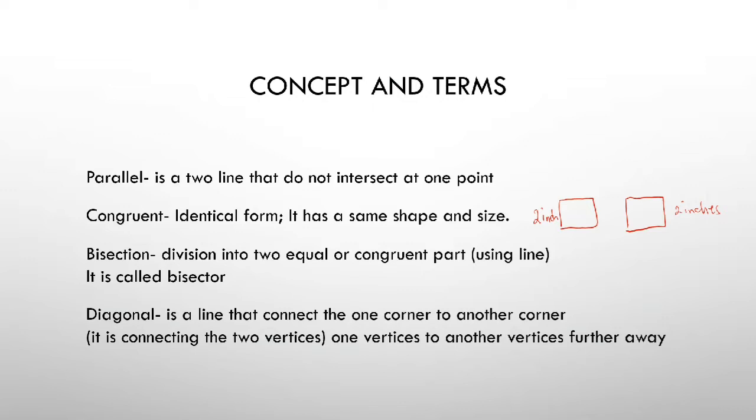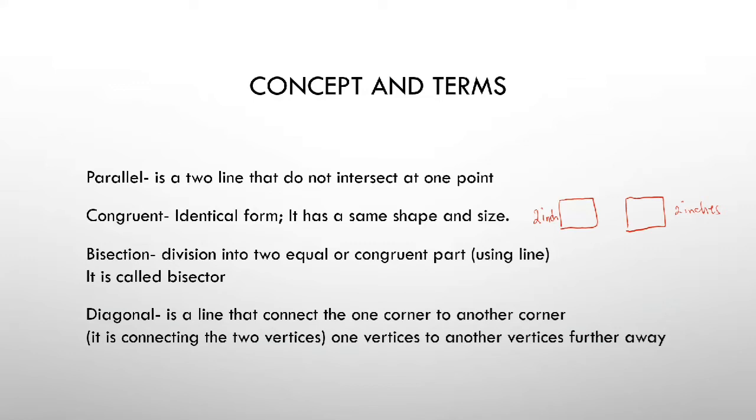Next, we have the diagonal. A diagonal is a line that connects one corner to another corner. It is a line connecting a vertex to another vertex. So what is the difference between bisection and diagonal?